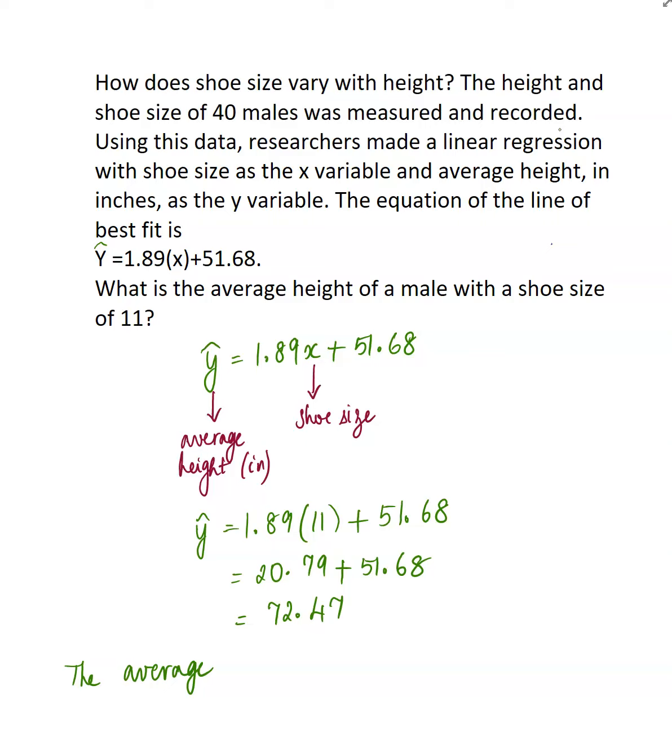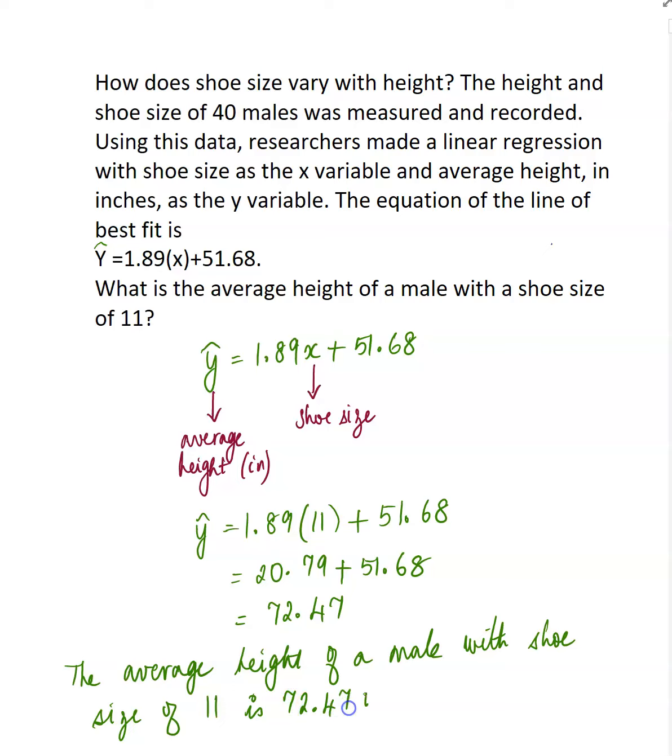So at this point, we cannot make any judgments. We will just interpret the answer. We'll just say the average height of a male with a shoe size of 11 is 72.47 inches.